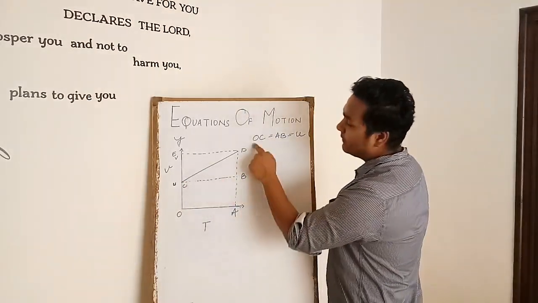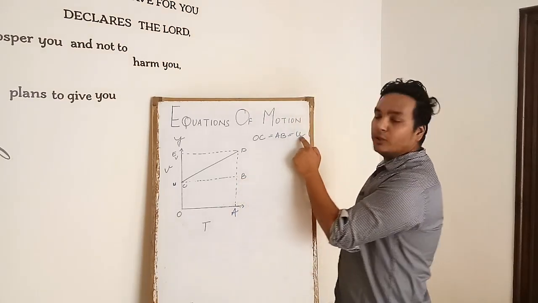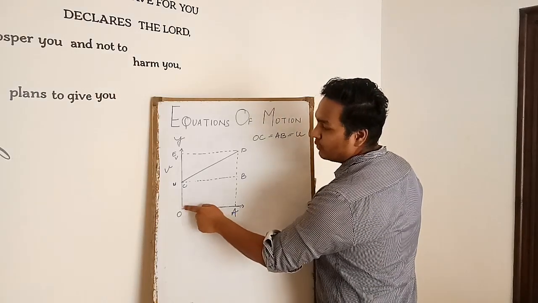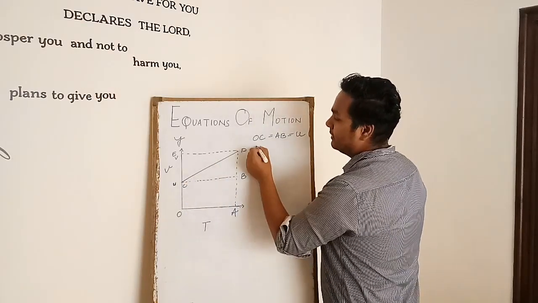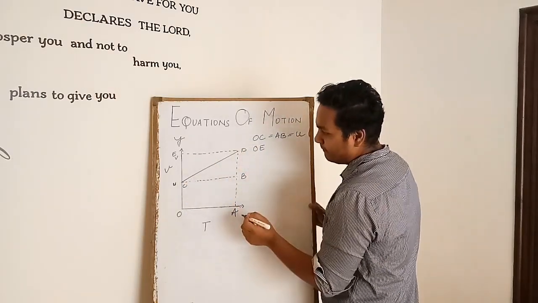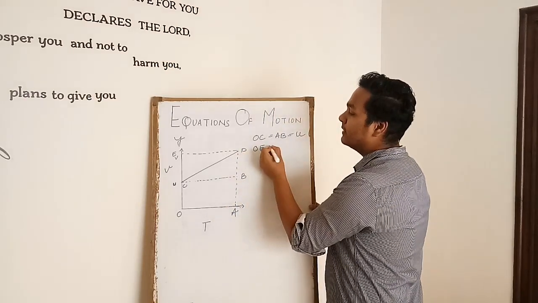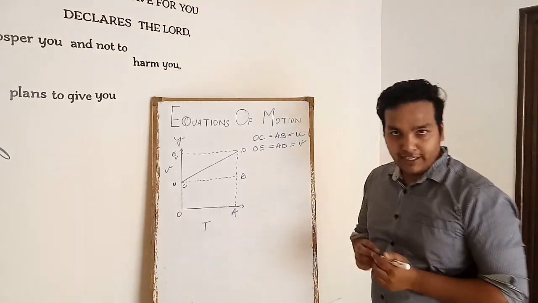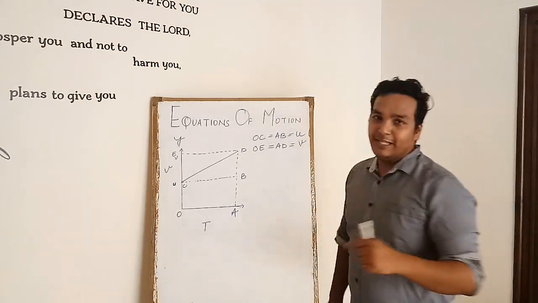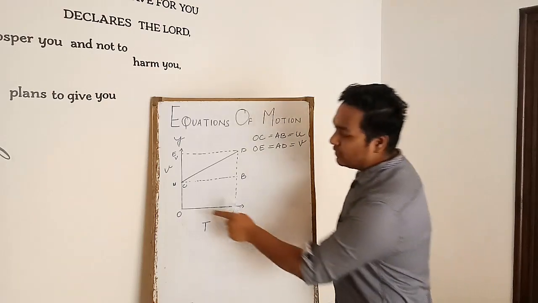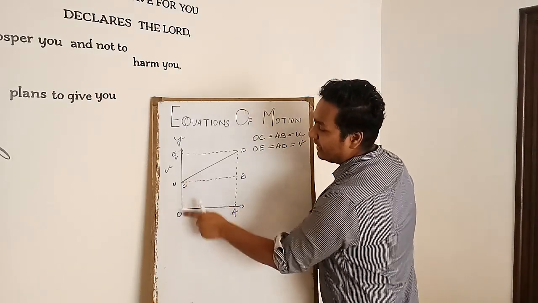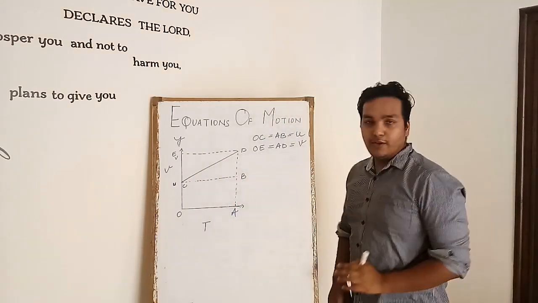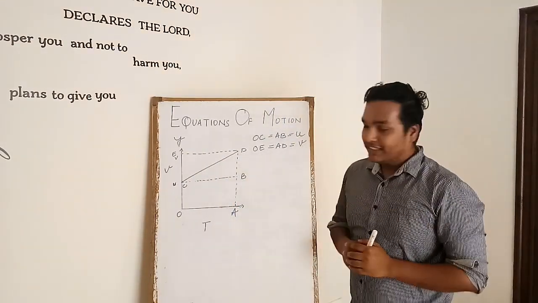Now I can also say that OE is equal to AD is equal to v. v is final velocity and u is initial velocity. So initial velocity is this much and final velocity is this much. I hope everybody has understood till here.